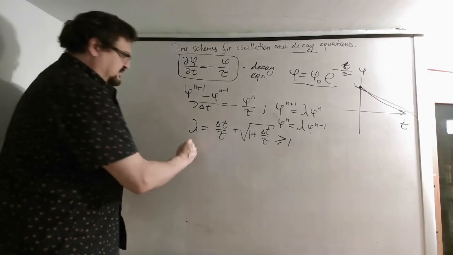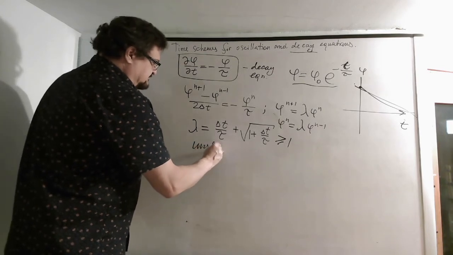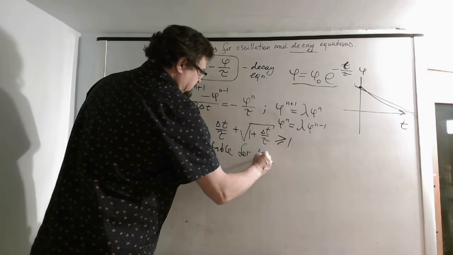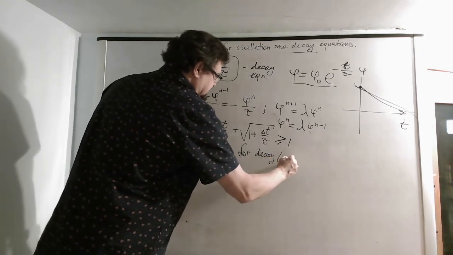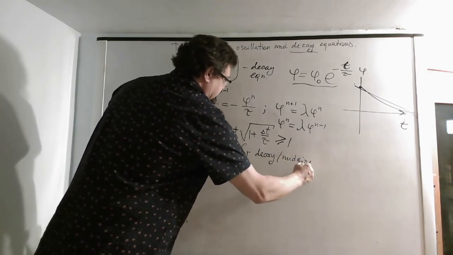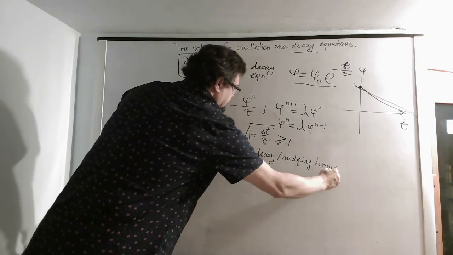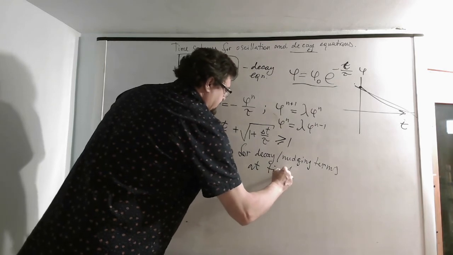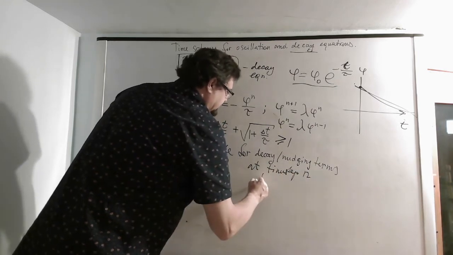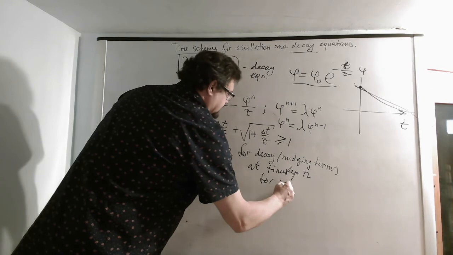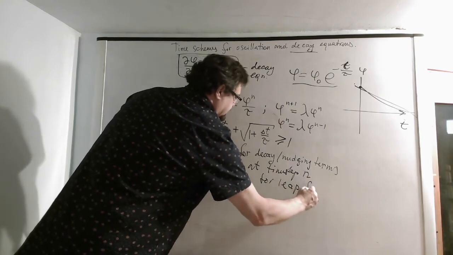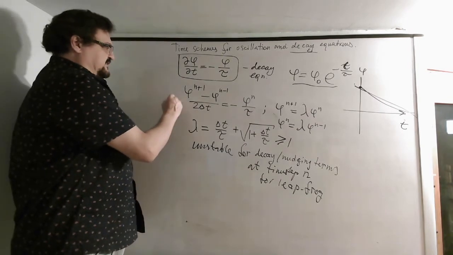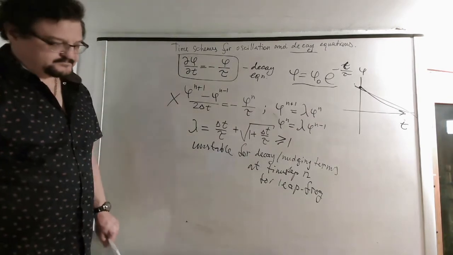Leapfrog scheme is unstable for decay equation. Decay nudging terms at time step n for leapfrog. So can't use it.